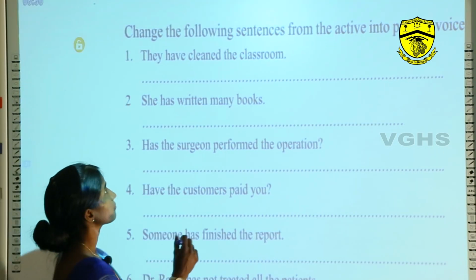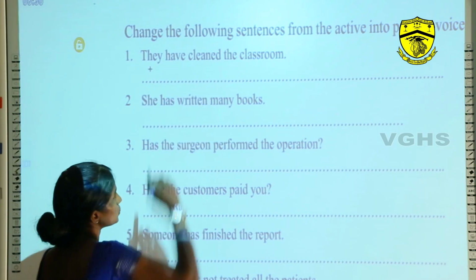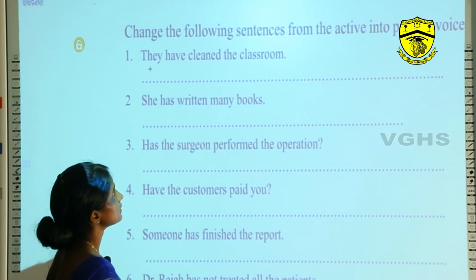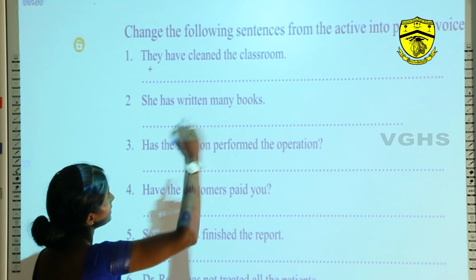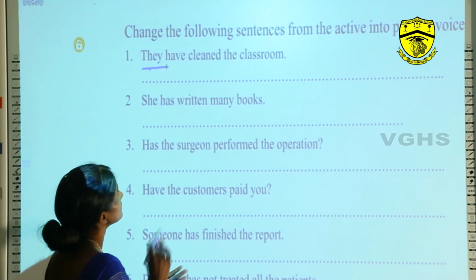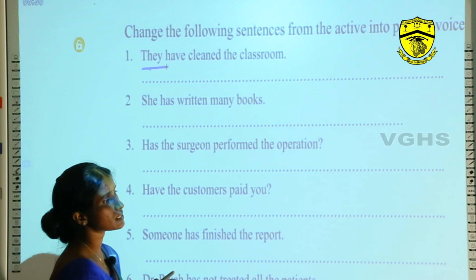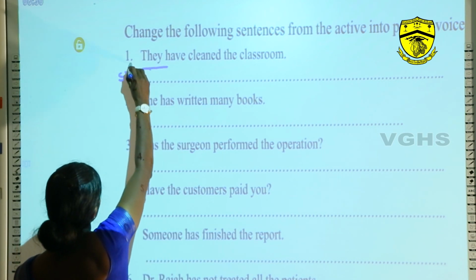Okay, let's see. Here they have cleaned the classroom. This is the active sentence. You have to change it into passive voice. First we want to identify what is the subject, what is the object, and what is the verb. Here, they is the subject.